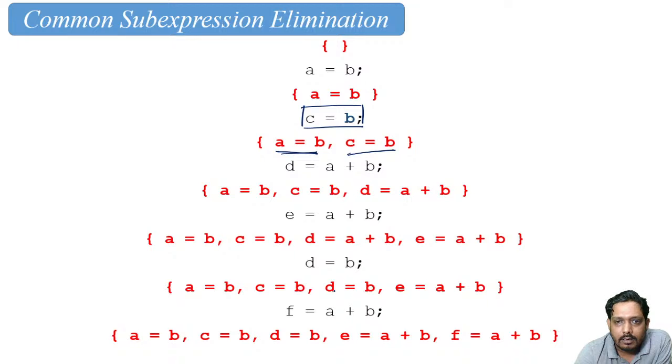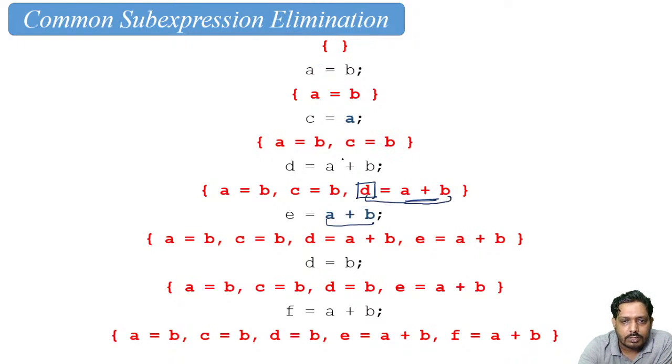And here when I come to the statement c is equal to b, this is an example of common sub-expression elimination. How are we doing it? So c is equal to b, and in this case the b value is assigned to a, so we'll replace it by a. Here d is equal to a plus b, c is equal to b, so no expression is available for this, so we will not touch anything in this.